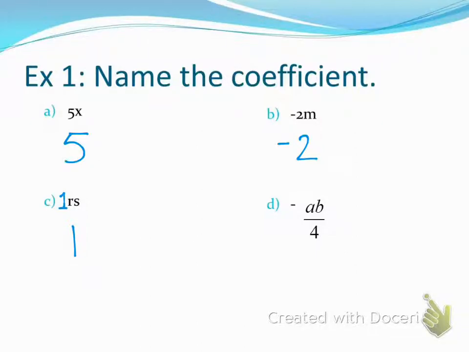Alright, what about D? D, I think, is even trickier. Anybody want to raise their hand? Keon? 4. Close. Except it's in the denominator. So for one, we know it's negative, right? Just like on the one before, what number is out in front here?